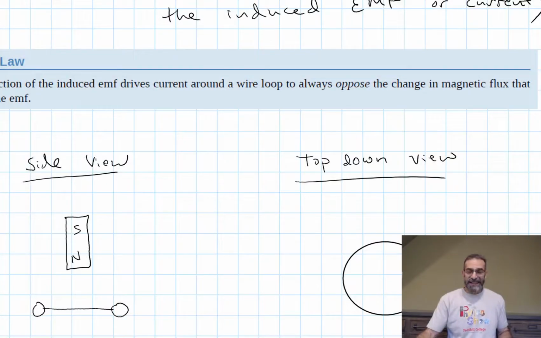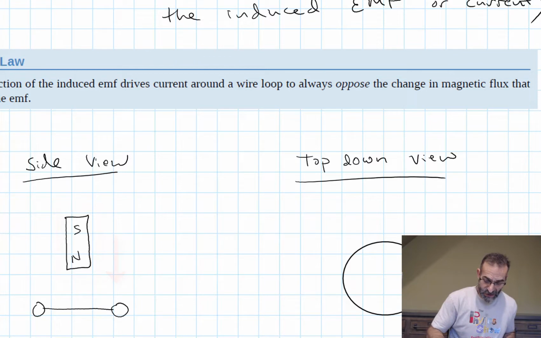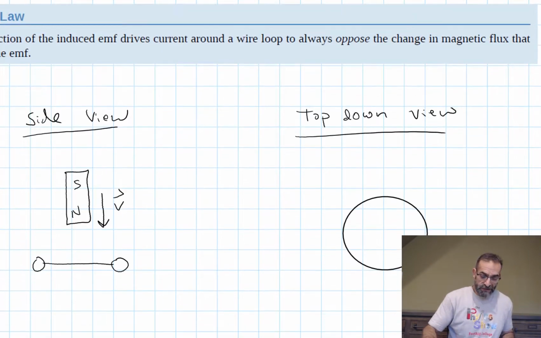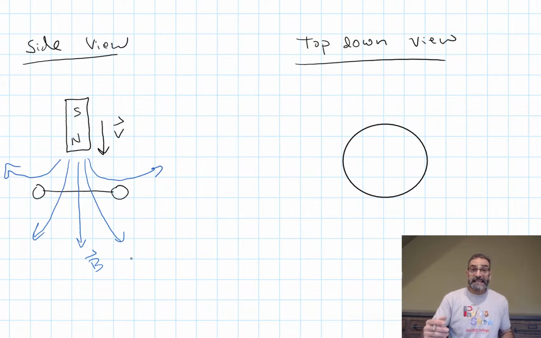If we have a bar magnet moving down the page toward this loop of wire, the loop of wire is perpendicular to the page. I've drawn a cross section of it here, and our magnet is moving in this direction. Well, let's draw the magnetic field lines. The magnetic field lines come out like this. And as the magnet gets closer and closer and closer to the loop, the magnetic field gets stronger.